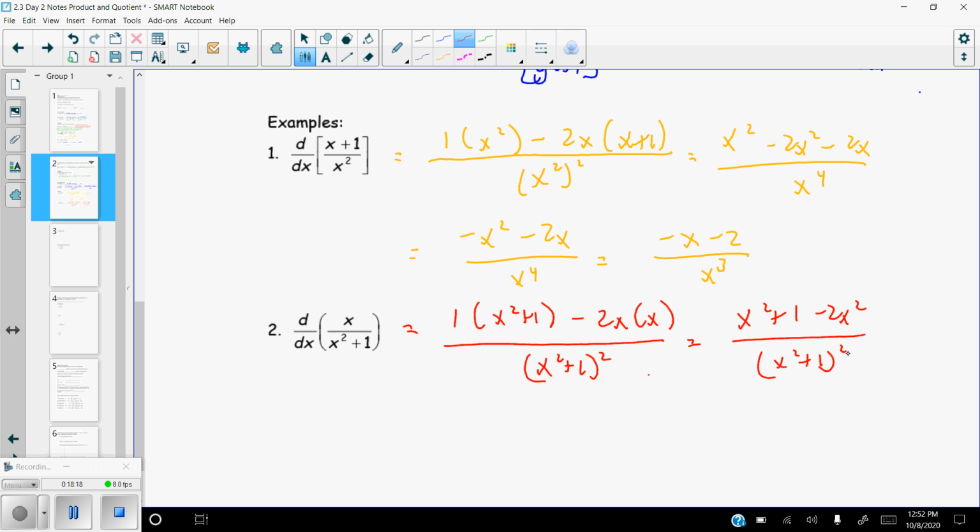The numerator is going to give us a negative x squared plus 1. The denominator, there is really no need to FOIL that, so just leave it as x squared plus 1 squared. You're actually doing too much work, I think, if you end up FOILing it. Leaving it in that factored form is probably the easiest. And that's it. That's as far as that one's going to go.